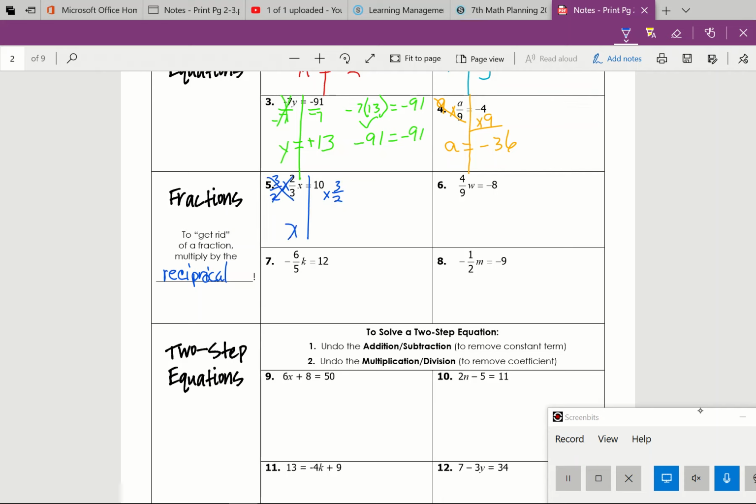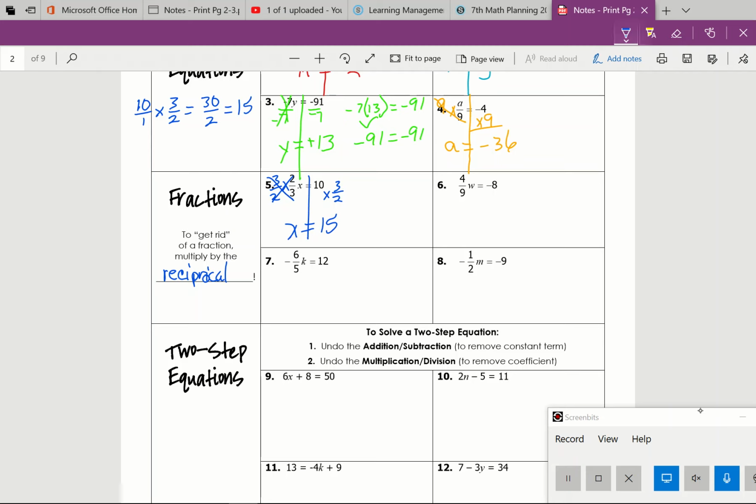These cancel out and you have x equals whatever 10 times 3/2 is. So on some scratch paper, 10 times 3 is 30. 1 times 2 is 2. 30 divided by 2 is 15. Not so bad, right?